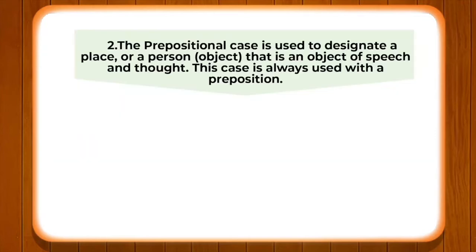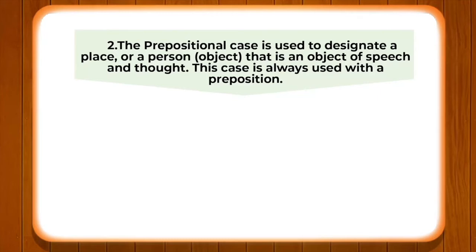Alright, okay, now let's go ahead. Then we have the prepositional case, which is also known as предложный падеж. In this case, it is used to designate a place or a person, object, that is an object of speech and thought. How? Like мой брат живет в деревне.